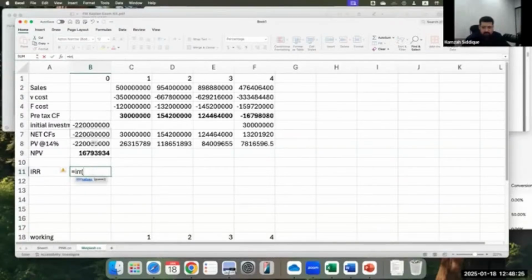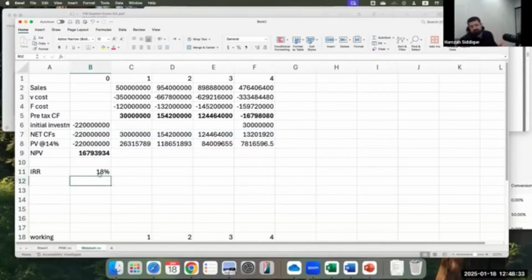IRR, this. Simple. Select, enter. 17.7% IRR. So simple, students, this is how it is to be calculated.